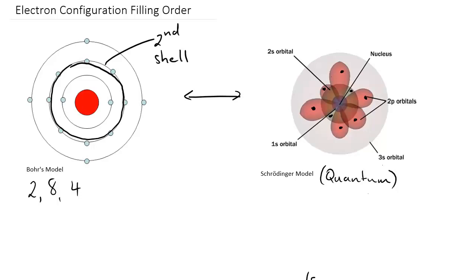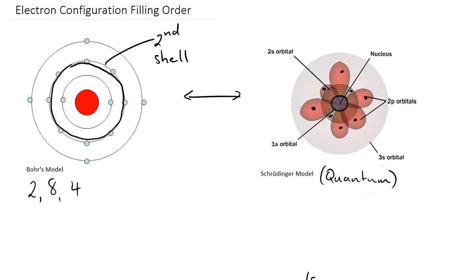You can see here it's this little geometric sphere in the center there, around the nucleus. So in that 1s orbital, that's actually a 3D sphere.